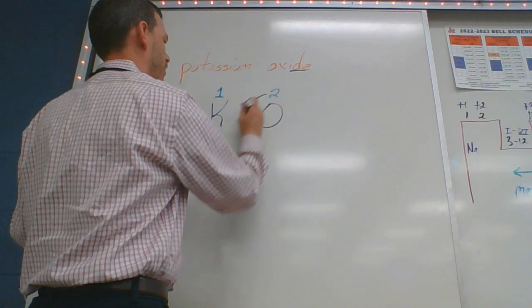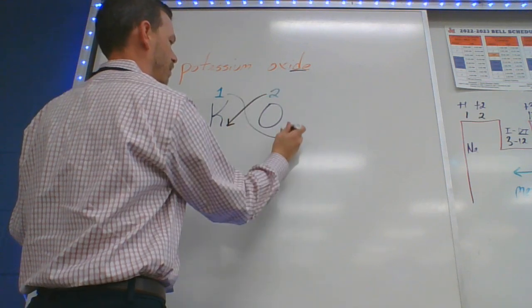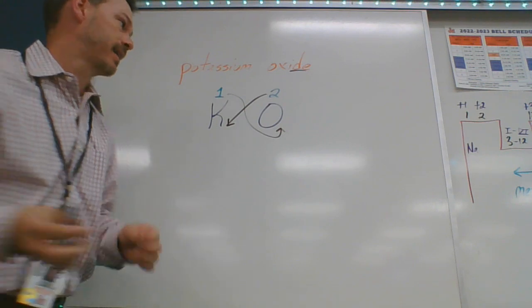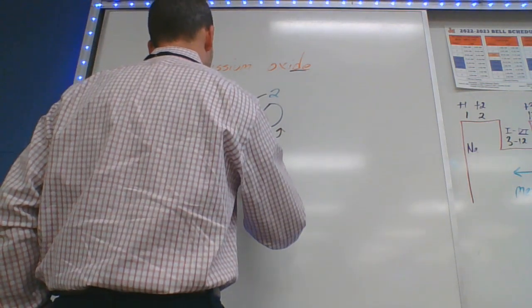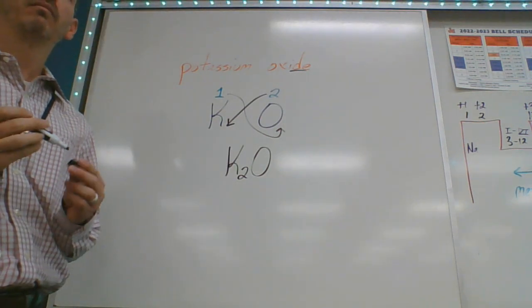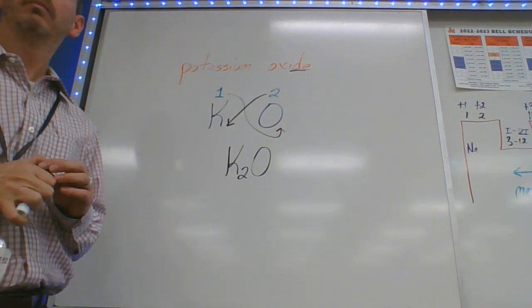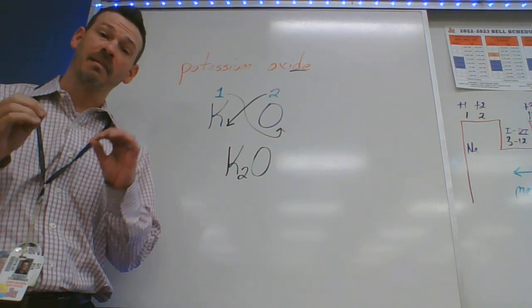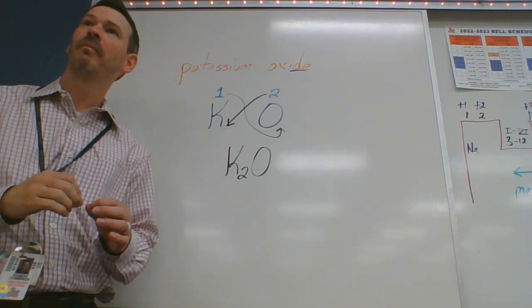Crisscross. The only way to write potassium oxide is K2O. It's ionic because it's a metal bonding to a non-metal.